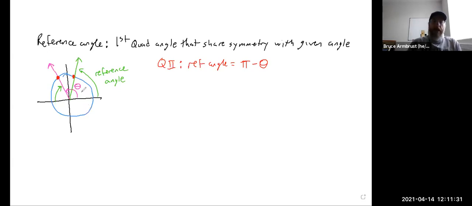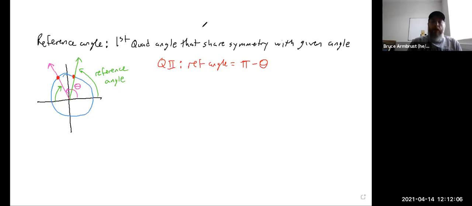Well, if we were to rotate pi, we're halfway. We've gone too far, so we're going to have to come back. If we subtract our angle from pi, we're left with the reference angle. All right, so that's how we do it if we're in quadrant 2. It's pretty easy.